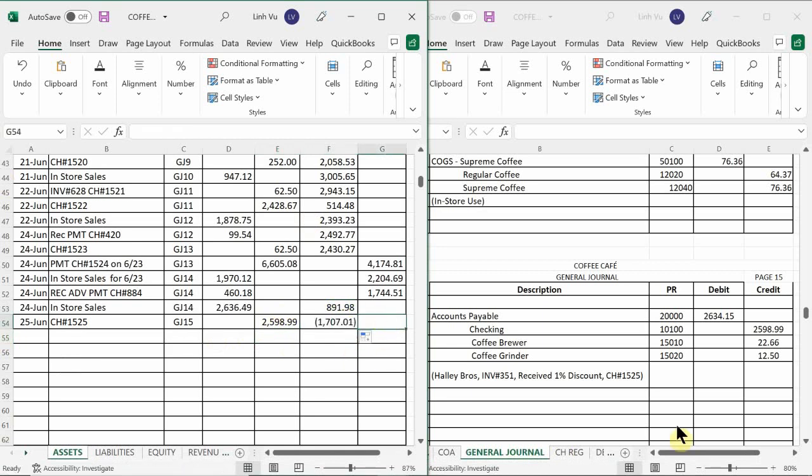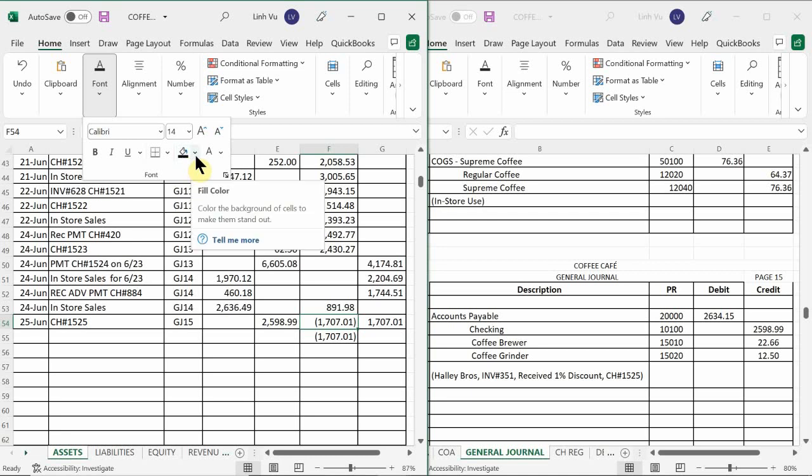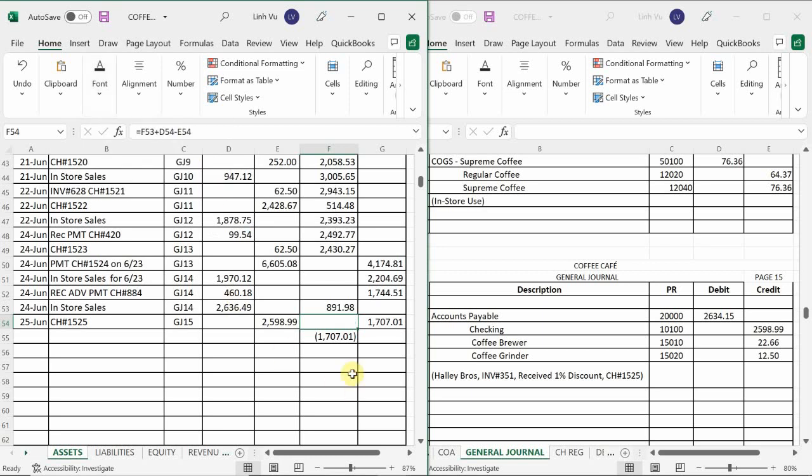So not so much good job with the accounting here, right? Whoever's in charge of the checking account, not very good here. Okay, so we're back into the negatives. Okay, so we're at negative 1707.01.